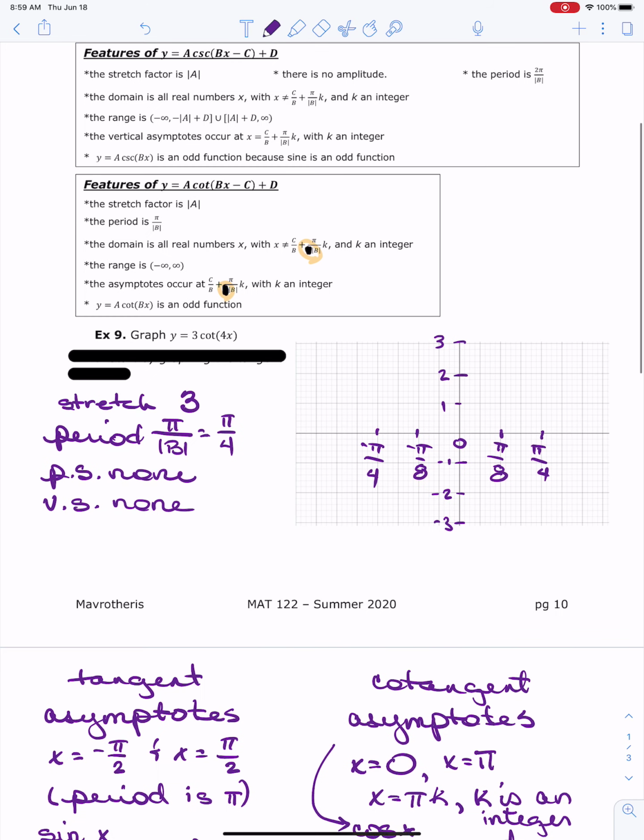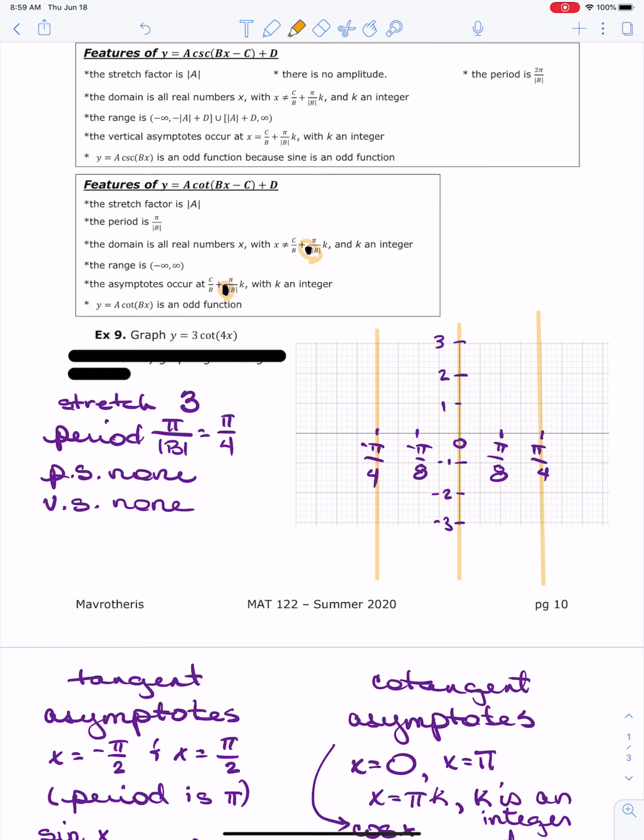So coming back up to our graph here of cotangent, because I have no phase shift, I have an asymptote at the beginning of my period, and I have an asymptote at the end of the period. And all of my asymptotes are going to be 1 period apart, so pi over 4 apart.